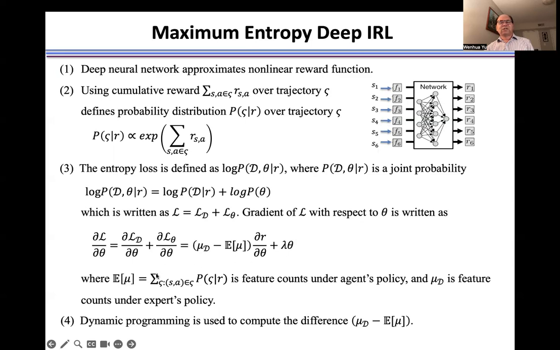And we use the definition of the feature count, which is the sum of P over all the possible trajectories. This mu D is the feature count under the expert policy. Now we can use dynamic programming to calculate the difference between the feature count under the expert policy and the feature count under the learned policy.